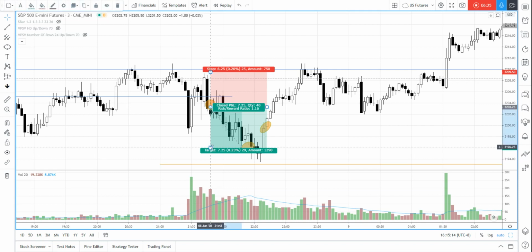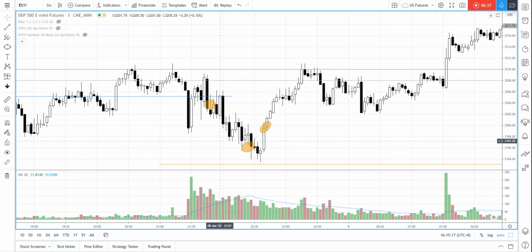Maybe let me just delete this. Okay, you can see that we have a rejection bar here, followed by another attempt to break above the axis line, but eventually we have a slam down here. This is another bearish bar, so I expect some kind of bearish continuation from here on.